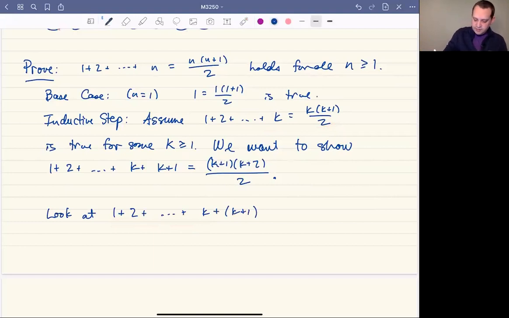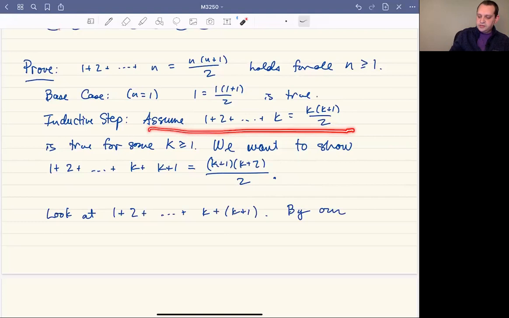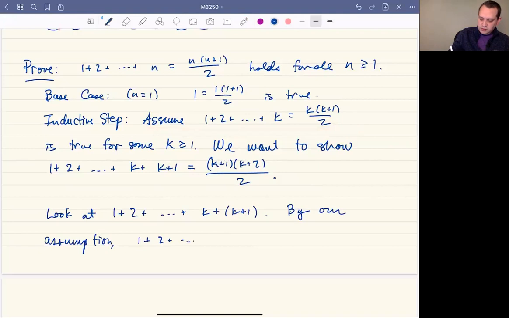So by our assumption that 1 plus 2 plus up to k has this nice formula, we know that it is k times k plus 1 over 2.